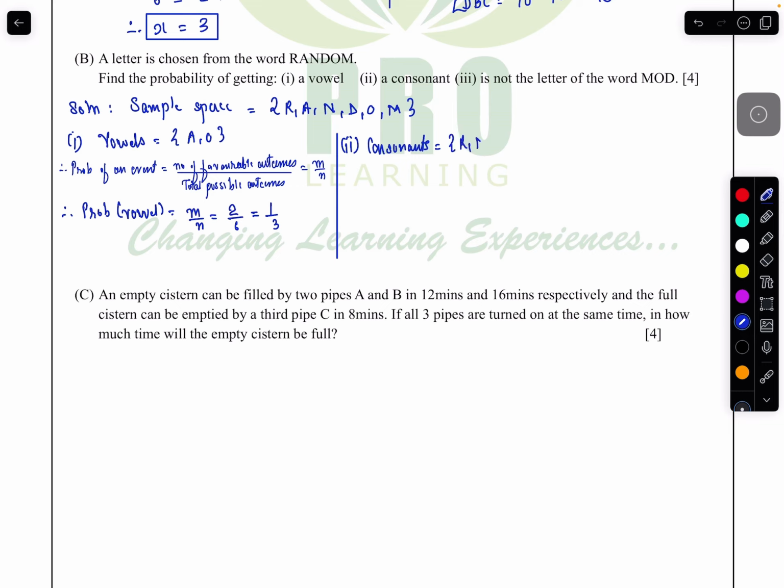We have R, N, D, and M. Since we know this is 4, we will write probability of getting consonants is M over N. M is 4 favorable outcomes, so 4 over 6, which is 2 over 3. Now, in this case, there is another way of solving this consonant part as well. So we will try solving that as well. The alternative method.